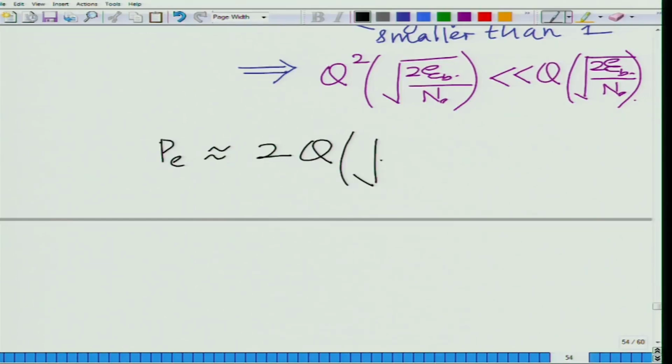The overall probability of error can be approximated as 2 Q of square root of 2 E_b over N_0.